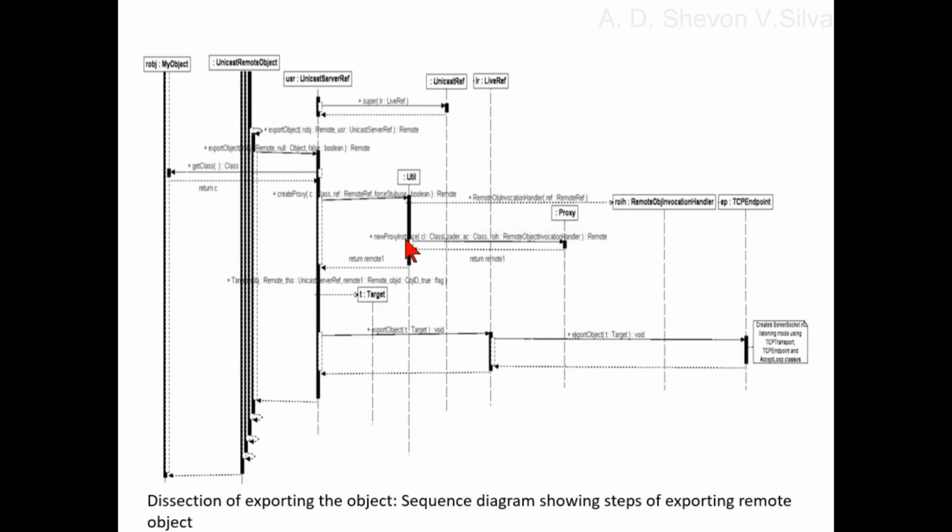And here util is connected to proxy via new proxy instance C class loaders AC class ROIH remote object invocation handler remote, and proxy is connected to util via return remote 1, and util is connected to unicast server ref via return remote 1.